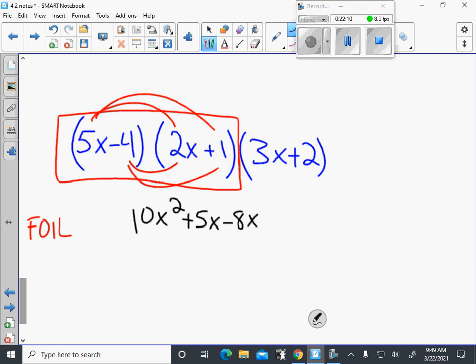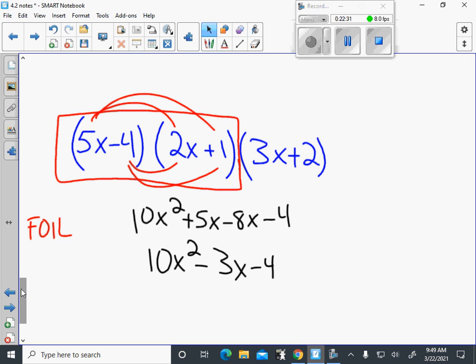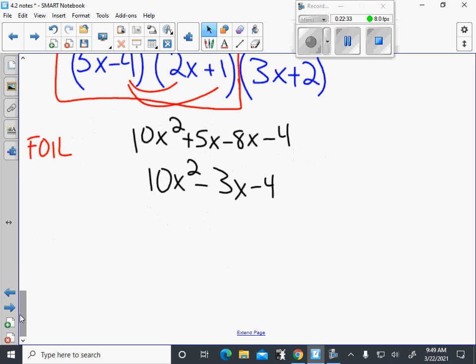And then last, we have negative 4 times positive 1, it's negative 4. Okay, now simplify, we have 10x squared plus 5x and minus 8x is negative 3x, and then minus 4. Okay, so we have those 2 simplified, but now we have to bring down this parenthesis.